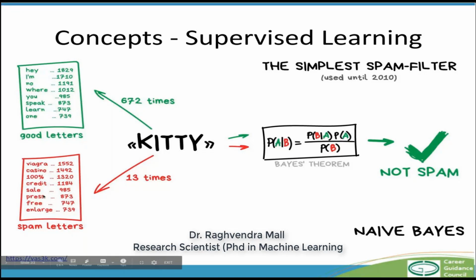Based on that you try to come up with a probabilistic model which says that if I have multiple bad words appearing in my mail, it is a spam. So this is the simplest possible model, based on the frequency of a word appearing in your mail.